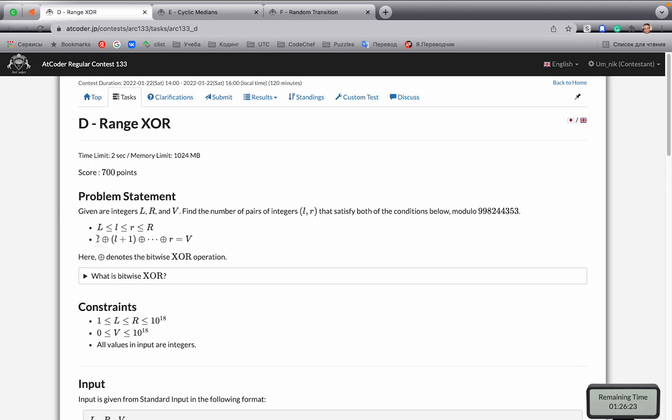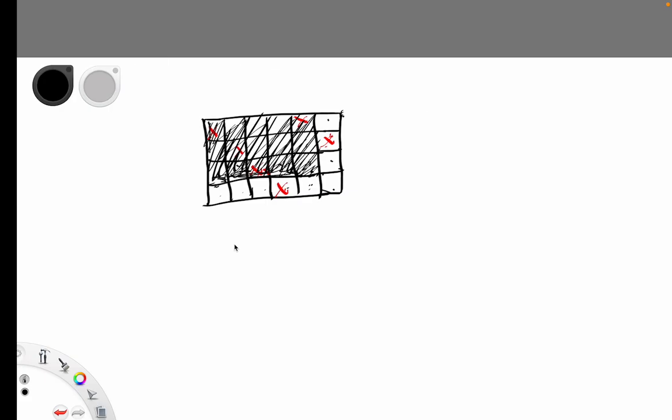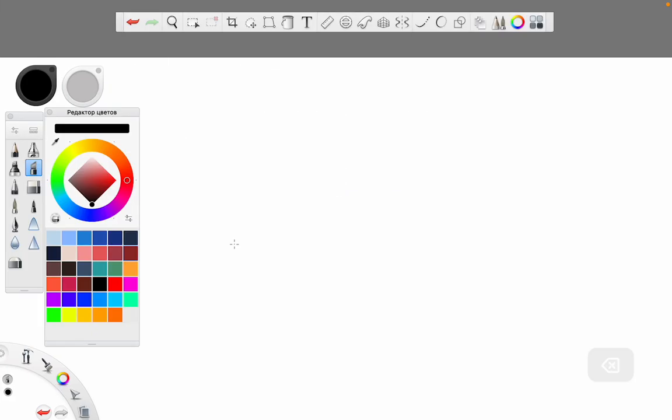Let's say that XOR on a segment is the XOR of two prefix XORs, and it is well known that the prefix XOR of all numbers from 1 to n is determined basically by n modulo 4. Let's write down some values.